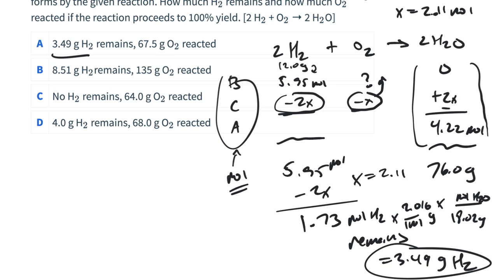There could be oxygen. Maybe we stop this reaction halfway. But in terms of oxygen, there probably should have been 2.11 moles present to react and form this amount of water. And so if this is going to 0, then this would mean we had 2.11, so we go minus 2.11 down to 0 to stop that reaction, presumably. And so the amount of oxygen that reacted here is 2.11 moles of O2.